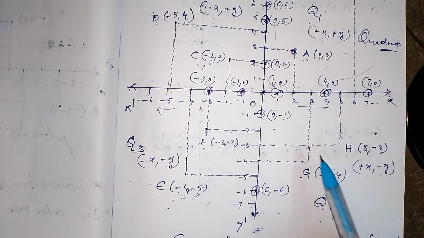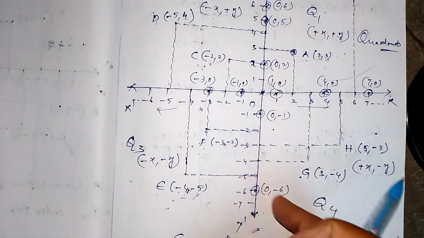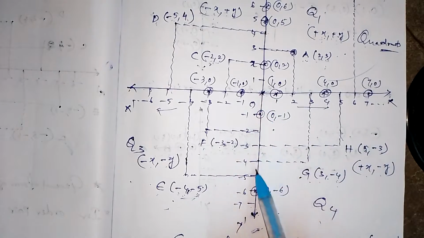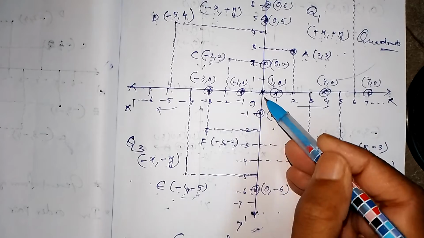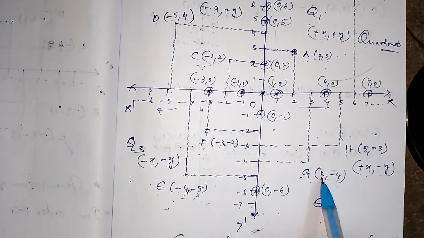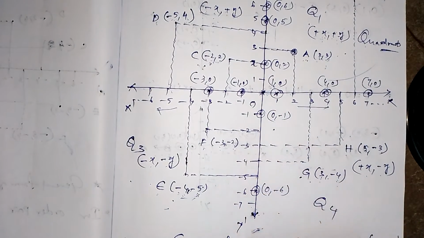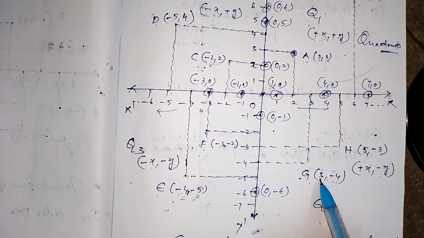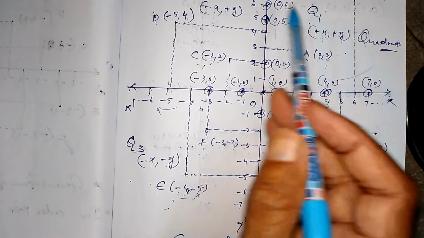In the fourth quadrant, those points which lie on this Q4 are based on the positive x-axis and the negative y-axis. So all the x coordinate values will be positive and the y coordinate values will be negative. I mean the x values are all positive, and the y coordinate values are downwards, so the y coordinate values will be negative. For example plus 3 minus 4, plus 6 minus 5. Okay, so I hope you understand.